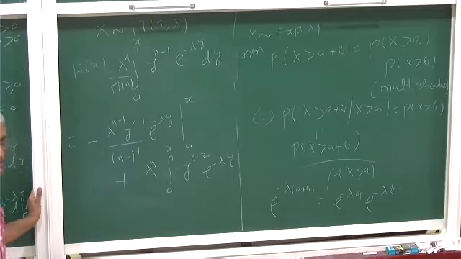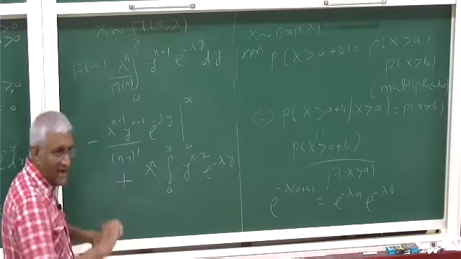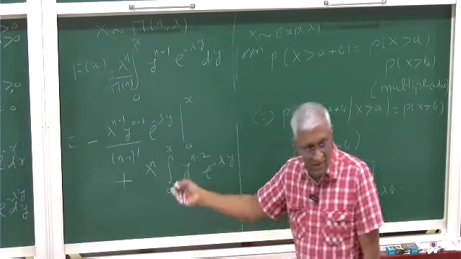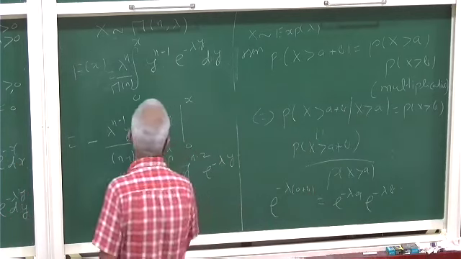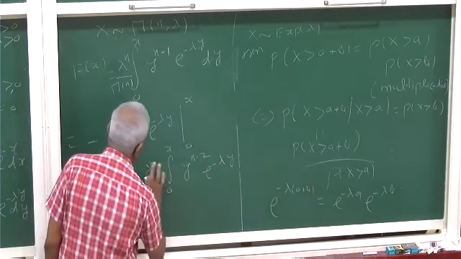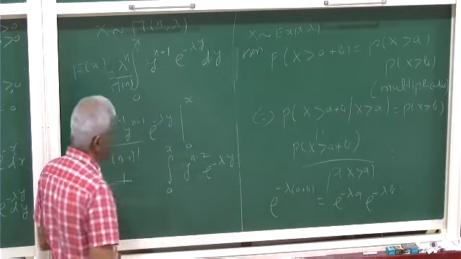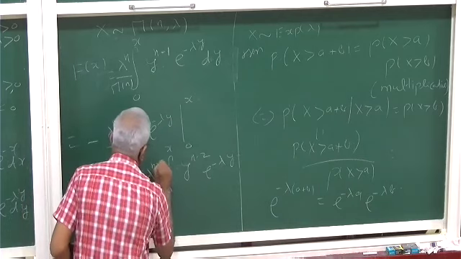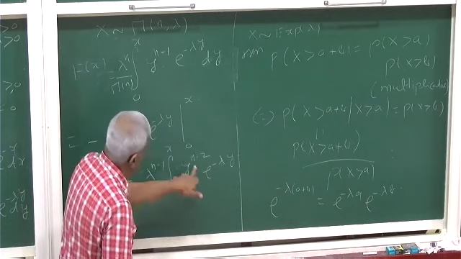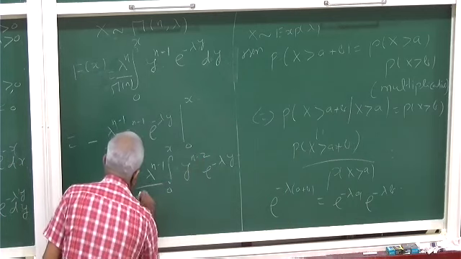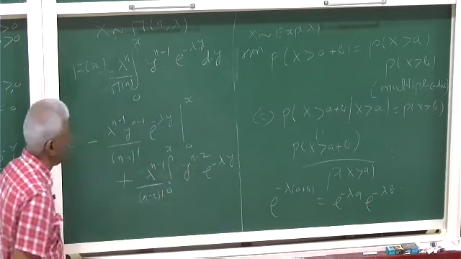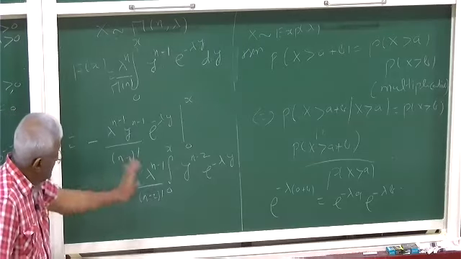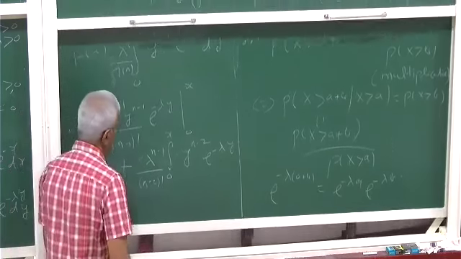You should write it and check it yourself, because I am doing it at the board. This is integration by parts: you differentiate one and integrate the other. So you get lambda power n minus 1, and you get an n minus 1 here, which will cancel with this. That's all. If you continue doing this, you get the following identity.